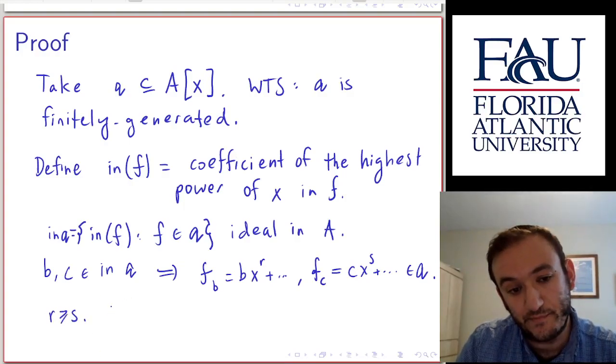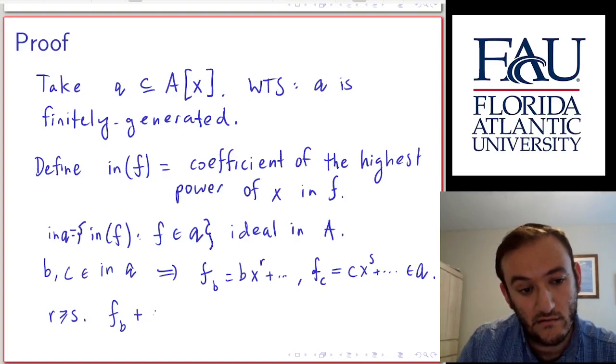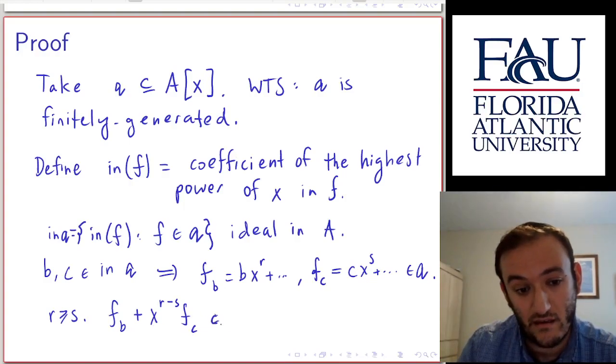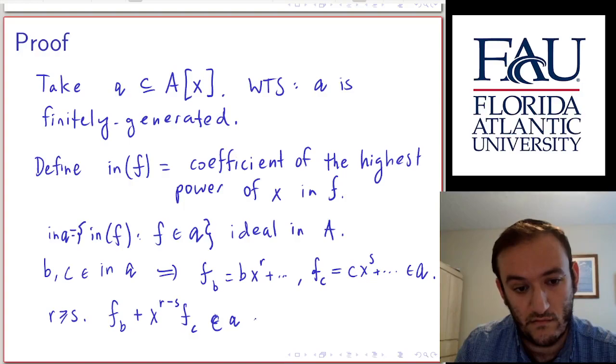So then you can take FB plus x to the r minus s times FC. Okay, this is in the ideal, and this has initial term b plus c.